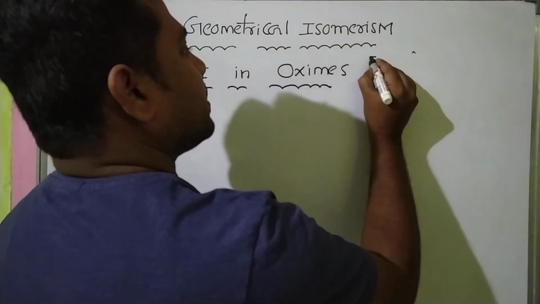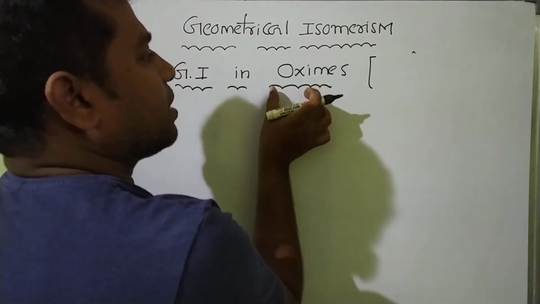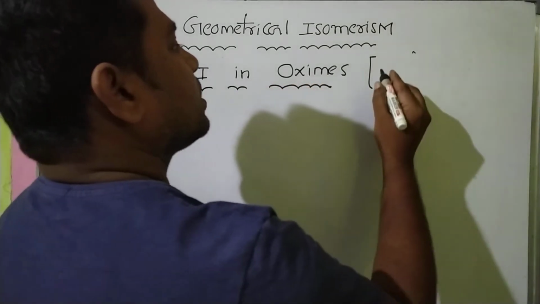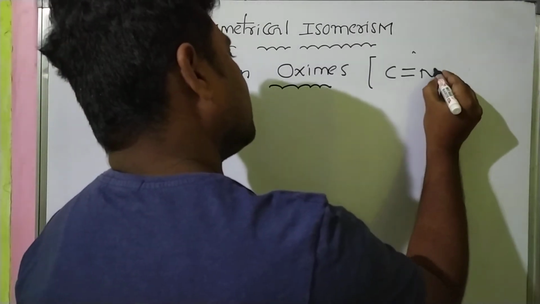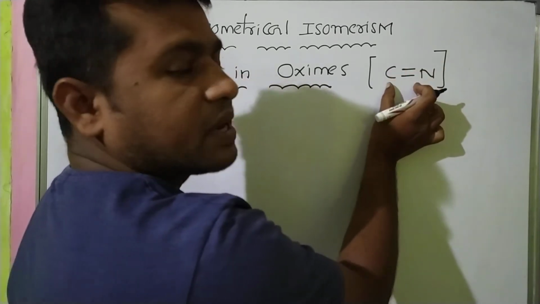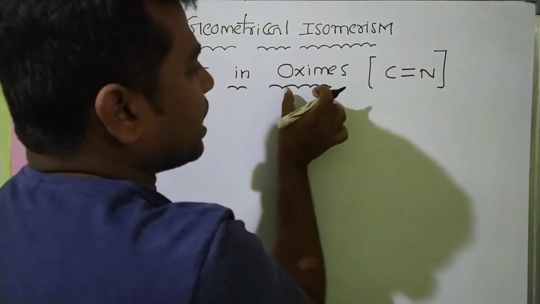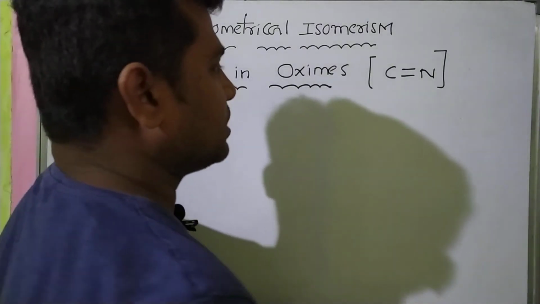First of all, the basic requirement in oximes is the presence of carbon nitrogen double bond. So because of the restricted rotation of carbon nitrogen double bond, the oximes will also exhibit geometrical isomerism.